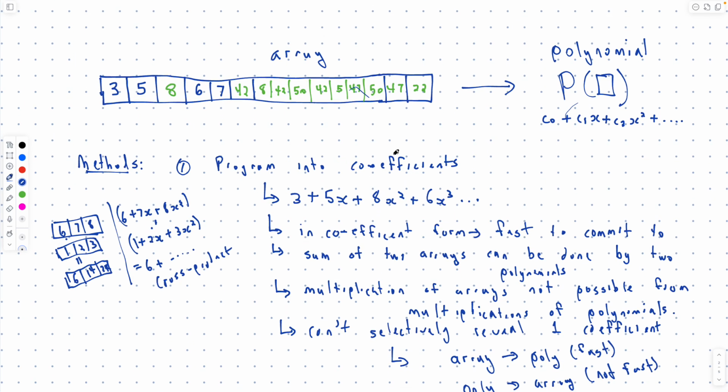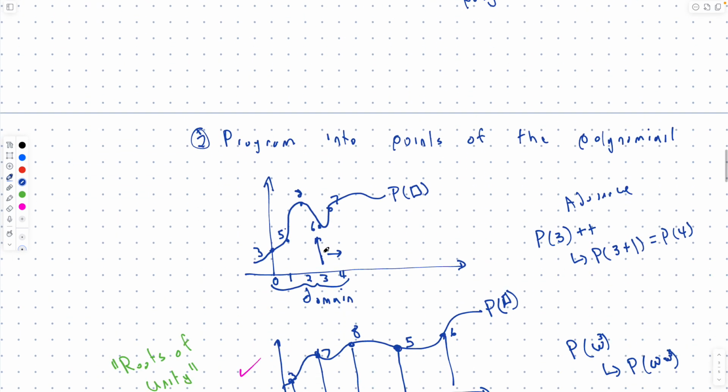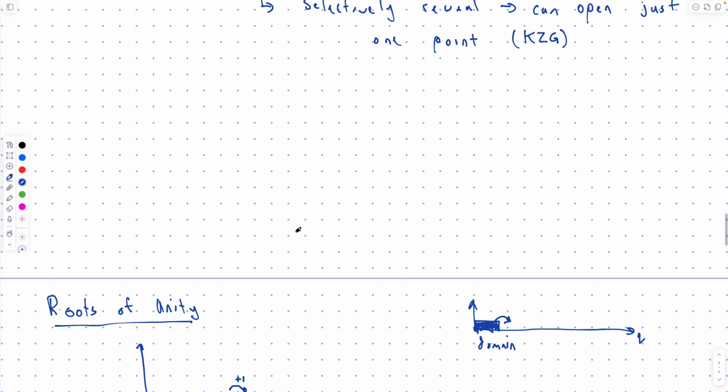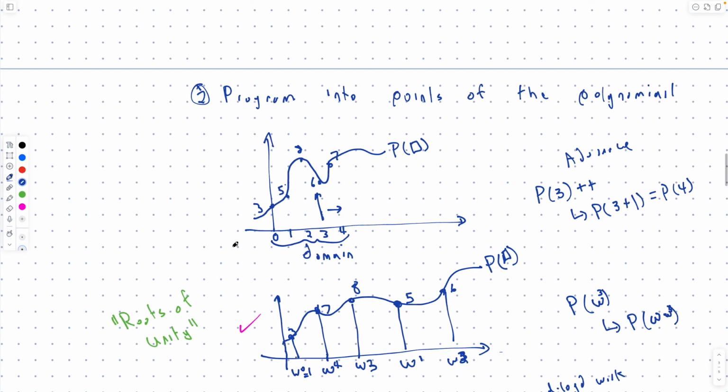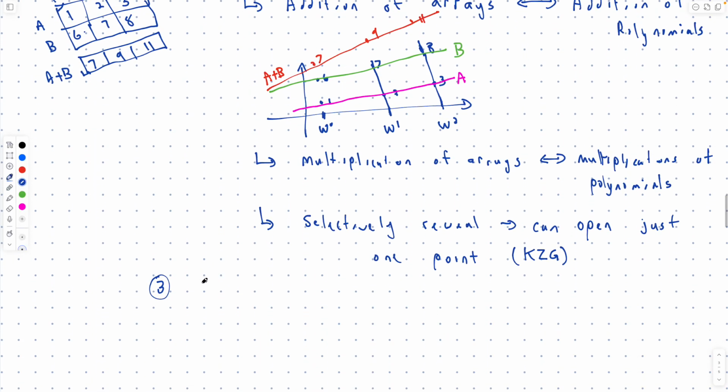Like I mentioned, we will use this in one small case. And there's a third thing that we can do that I'll just say very quickly, I won't write out a lot about, that we also do in one specific case, but we don't generally do it, which is we can program the array into the roots of the polynomial.